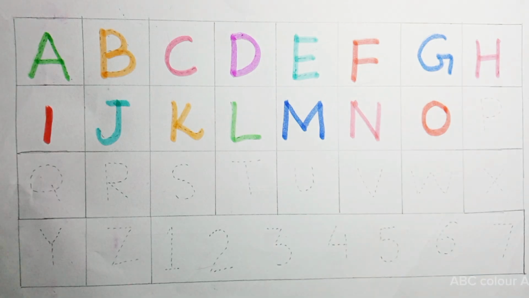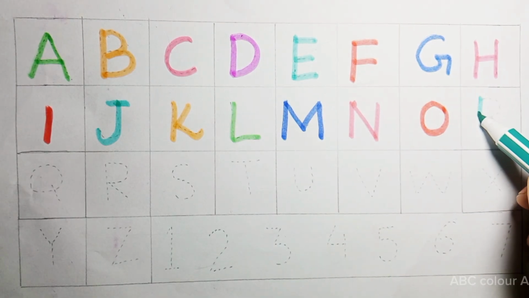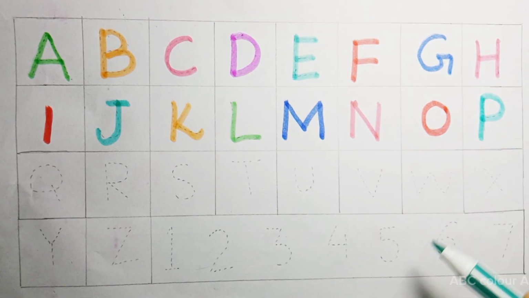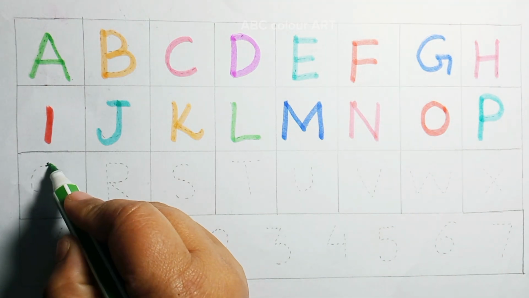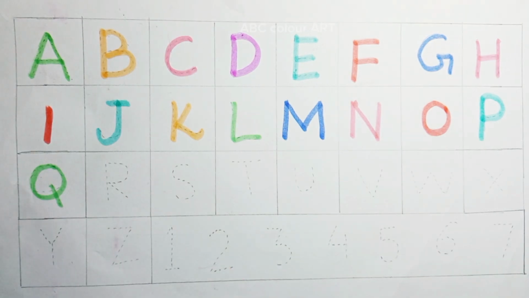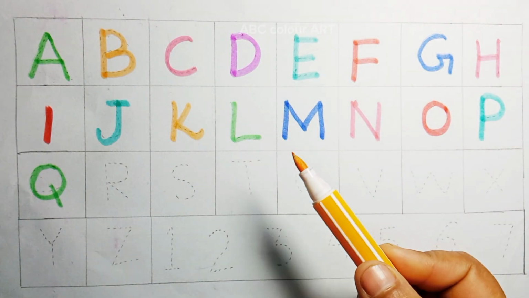O is for orange, sea green color. P is for parrot, green color. Q is for queen, orange color.